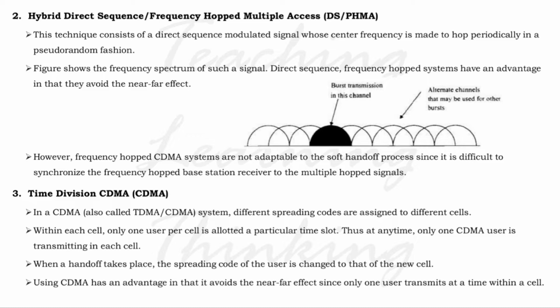Thus, at any time only one CDMA user is transmitting in each cell, and when handoff takes place, the spreading code of the user is exchanged to that of the new cell. This has the advantage that it avoids the near far effect, since only one user transmits at a time within the cell.